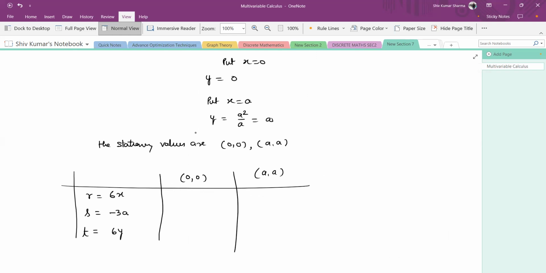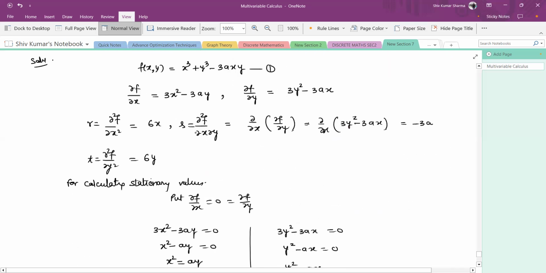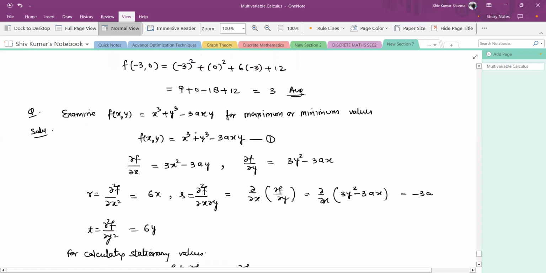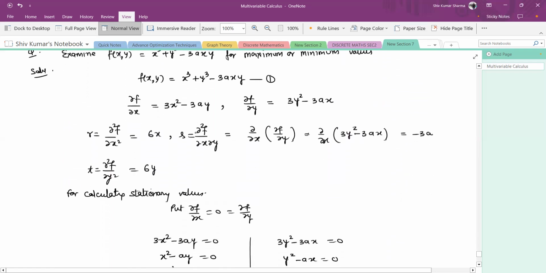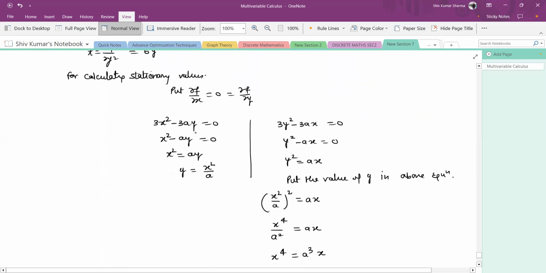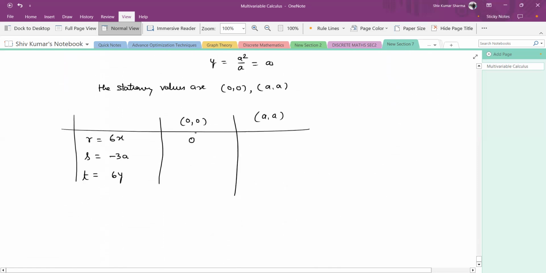When we put x equal to 0, 6 into 0 is 0, so the value of r is 0. For s, this is purely constant, so it gives us minus 3a. Putting x equal to 0, y equal to 0 in t gives us 0.